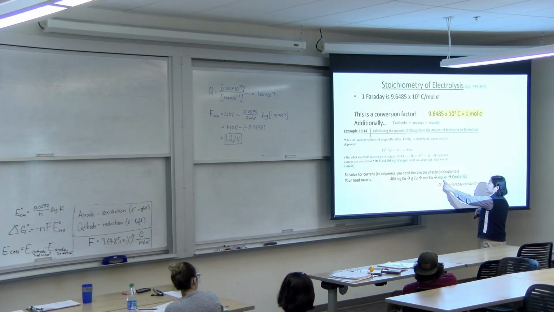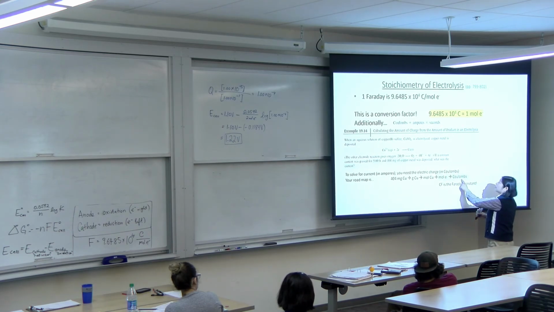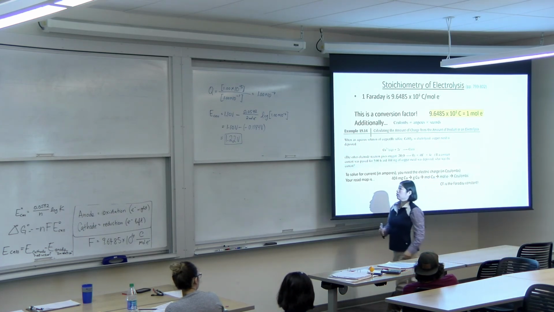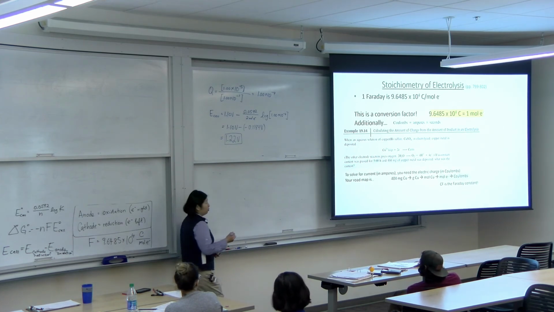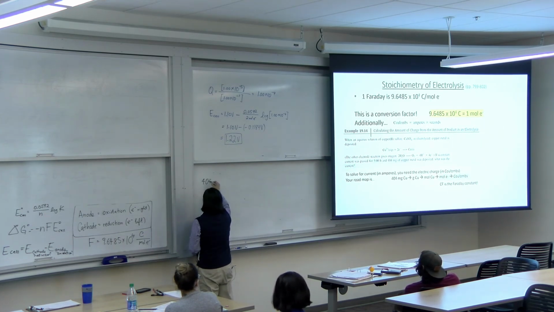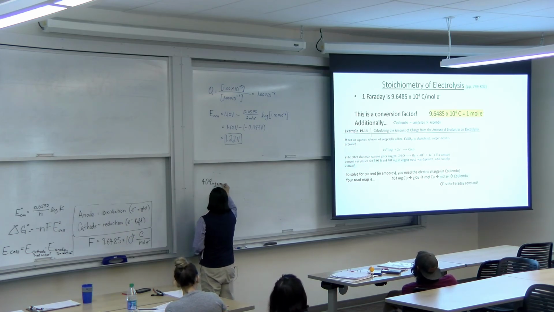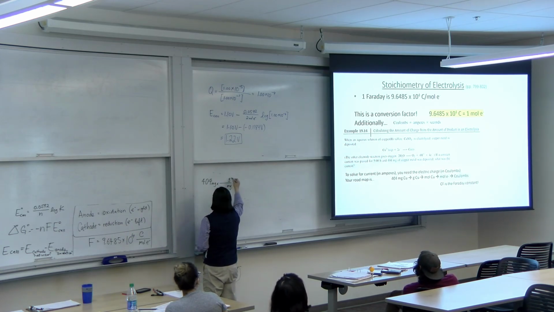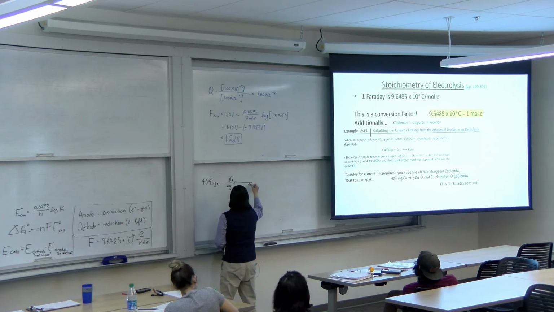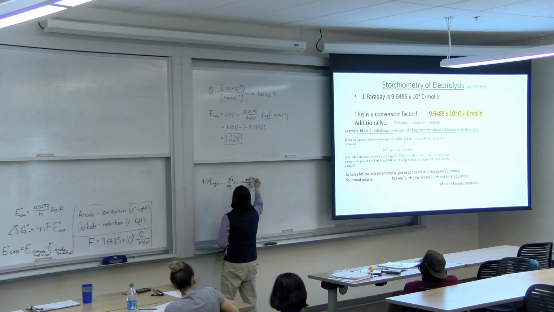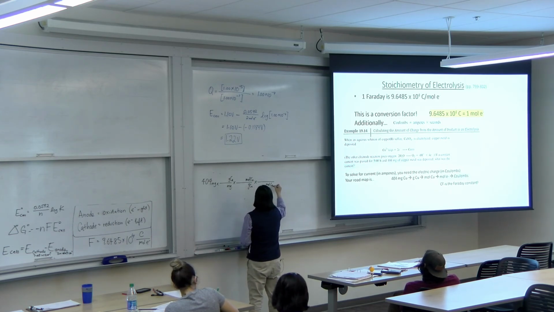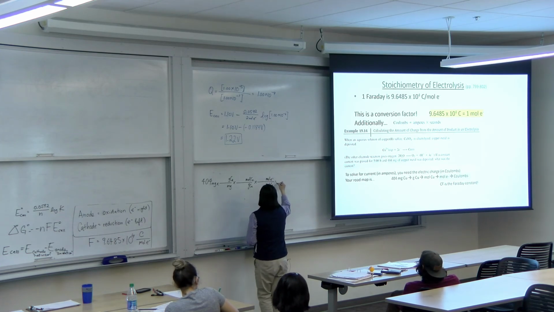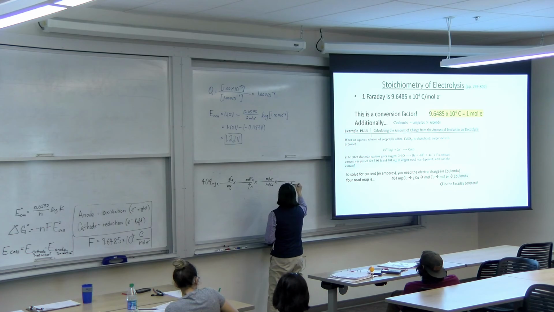Can we convert from moles of electron to coulombs using Faraday's constant? Sure. Okay, so let's just set it up really quick because we love conversion factors. 404 milligrams to grams of copper, grams to moles of copper, moles to moles of electron, and moles of electron to coulombs.